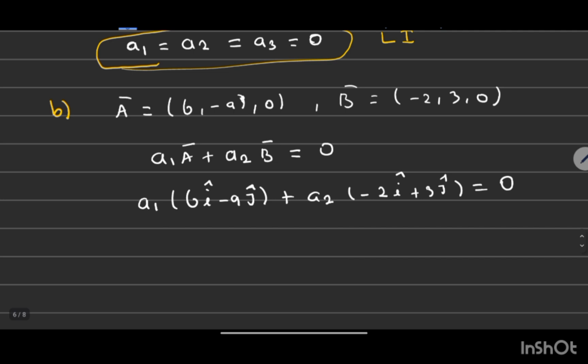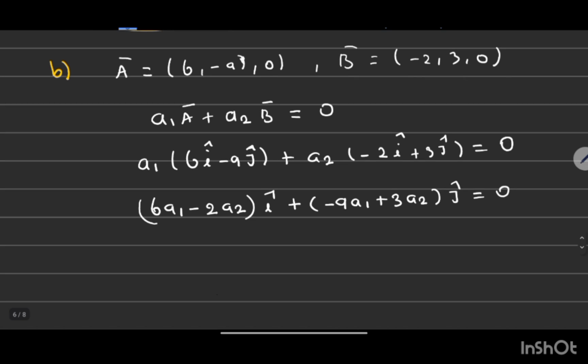If you add this, you get 6a1 minus 2a2 times i vector plus minus 9 times a1 plus 3 times a2 times j vector is equal to 0.